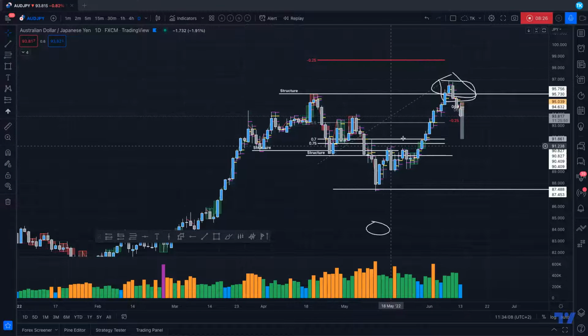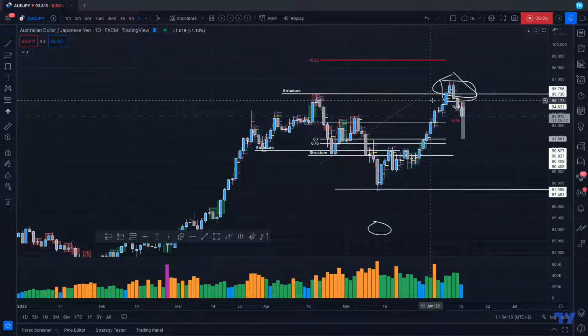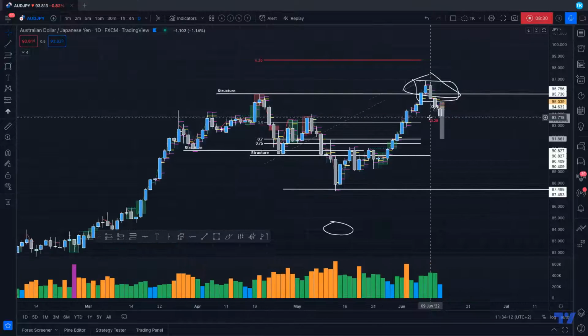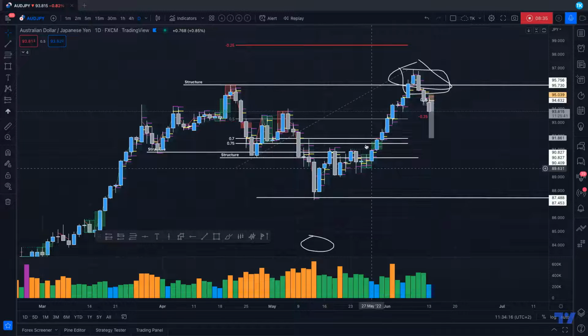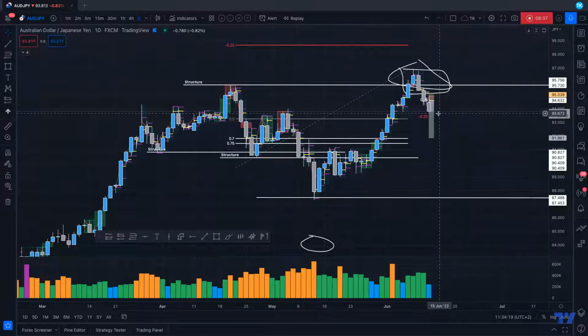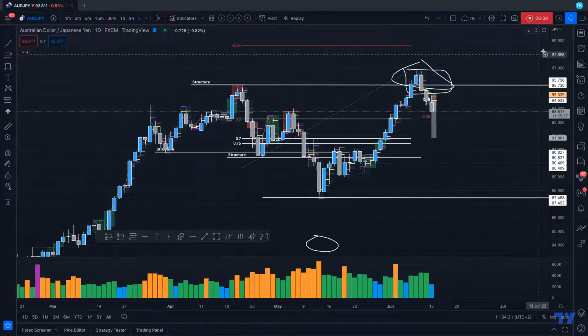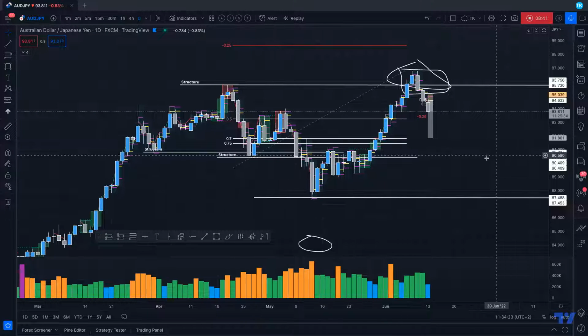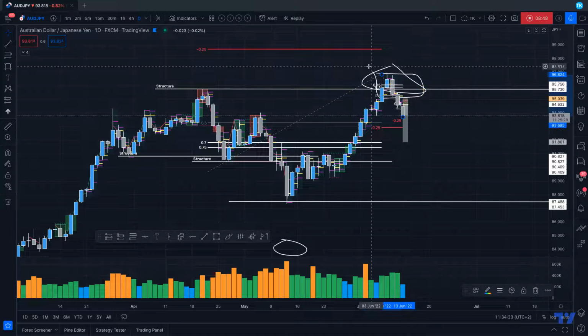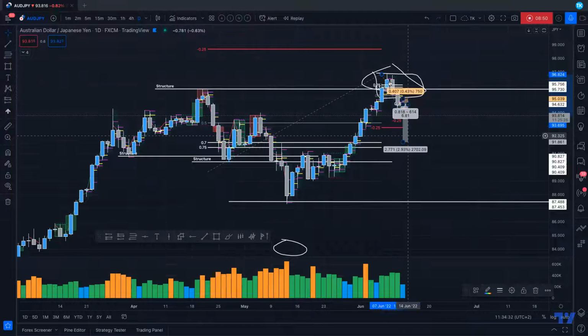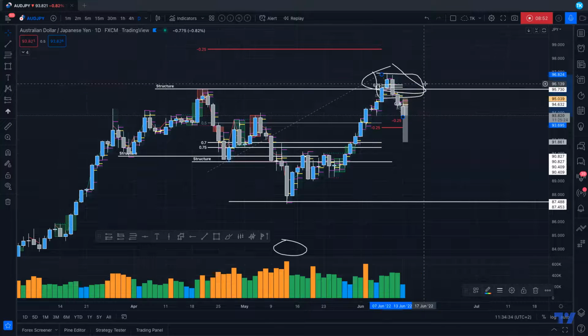So we have to really pay attention to what this cross is going to do, and obviously this is also the last impulse with this quite interesting engulfing.